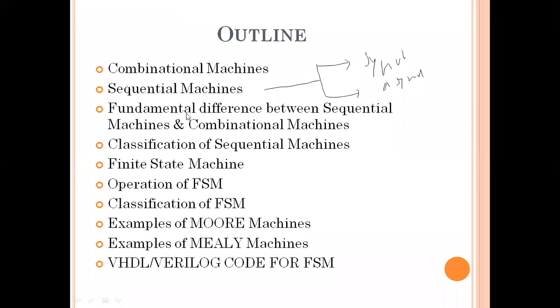Then the fundamental difference between sequential and combinational, classification of sequential, finite state machine, operation of FSM, classification of FSM. Okay, these are the advanced topics. But now, if you classify the sequential machine, we get synchronous and asynchronous.